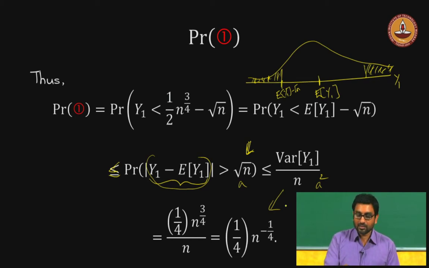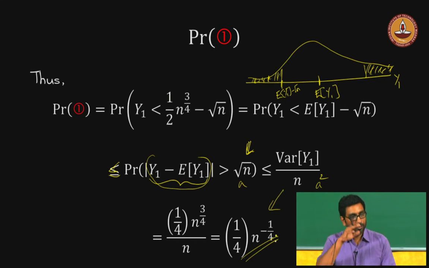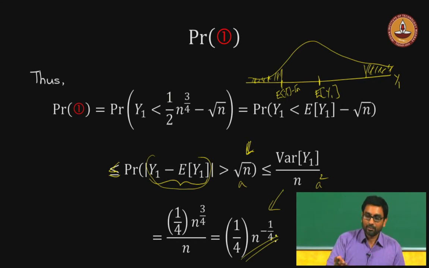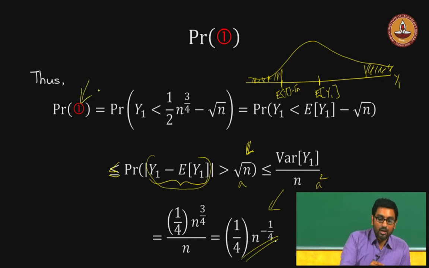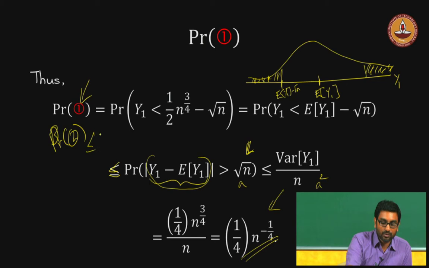Okay. This is one of some 3 different bad events, right, and it is contributing 1/4 of n to the minus 1/4. So, if you plug it into the union bound, there will be others. For example, this is the first bad event. You can do the exact same thing and argue the same thing for the probability of the second bad event as well. That is also going to be less than or equal to n to the minus 1/4 divided by 4.